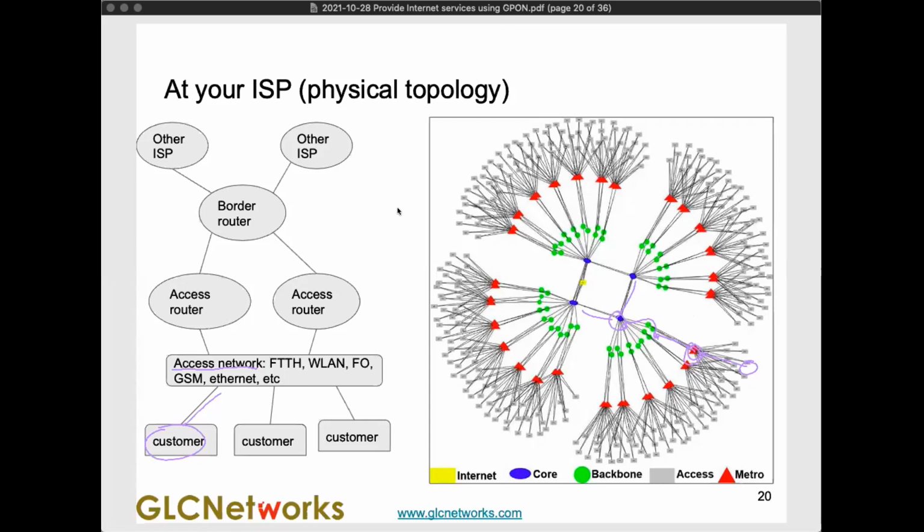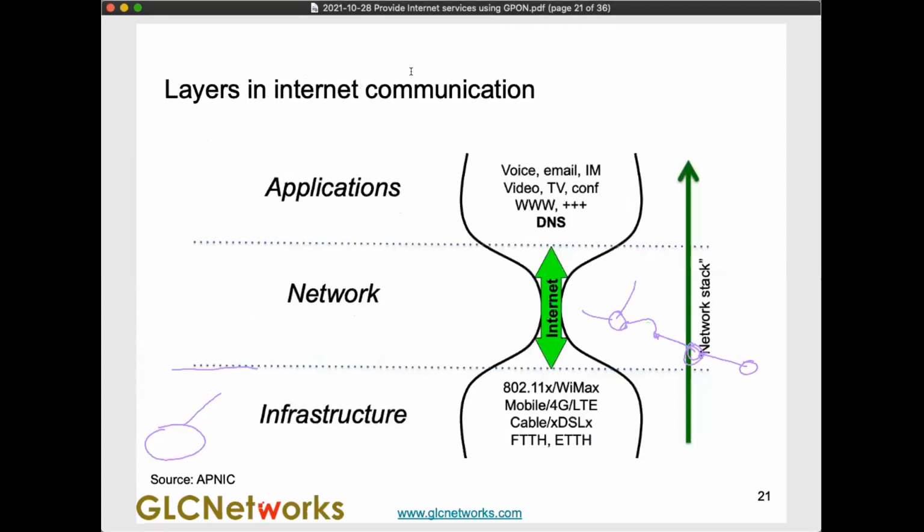Right, so next is about the layers in internet communication. As I mentioned previously, the network here is using one single technology called Internet Protocol, or IP.